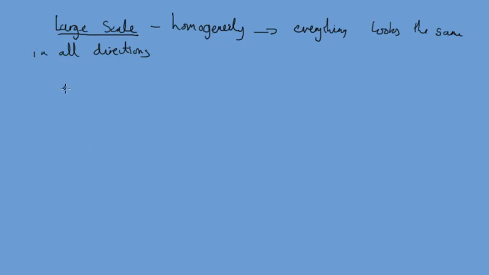For example, if you were to Google the Hubble telescope's deep field image, this is an image, or there's a few of them, that the Hubble Space Telescope took.